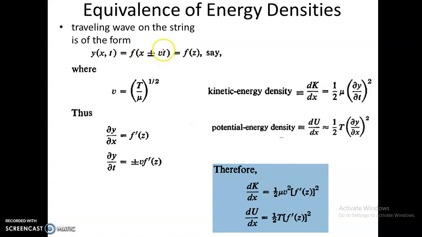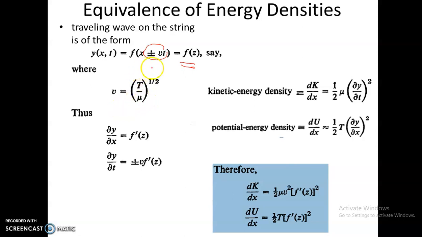We take this variable as z, such that the wave motion can be mathematically represented as f of z. Now we know that the wave velocity v is equal to the square root of T by mu, the expression for the velocity of a mechanical wave in a solid medium, where T is the tension on the medium.